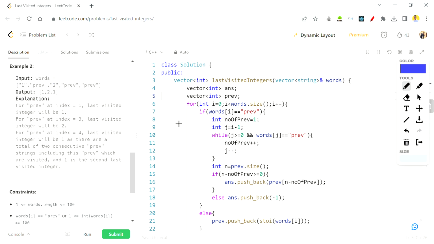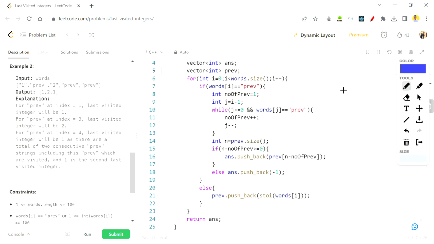The question is very straightforward, and I'm basically iterating through the words array given to me. Whenever I'm encountering the keyword previous, I'm going to calculate the value of k, the number of previous required. In this example, when I was at this index, I was required to find the second last element, so k equals 2.